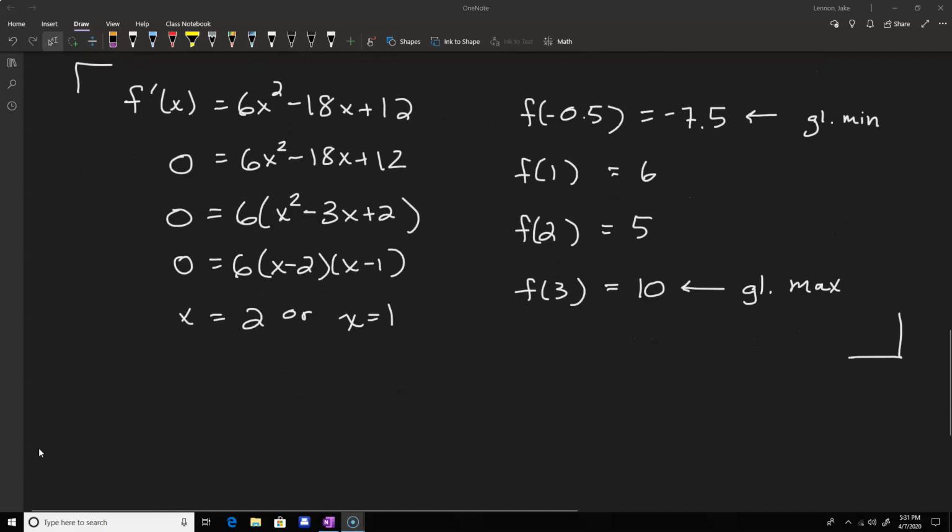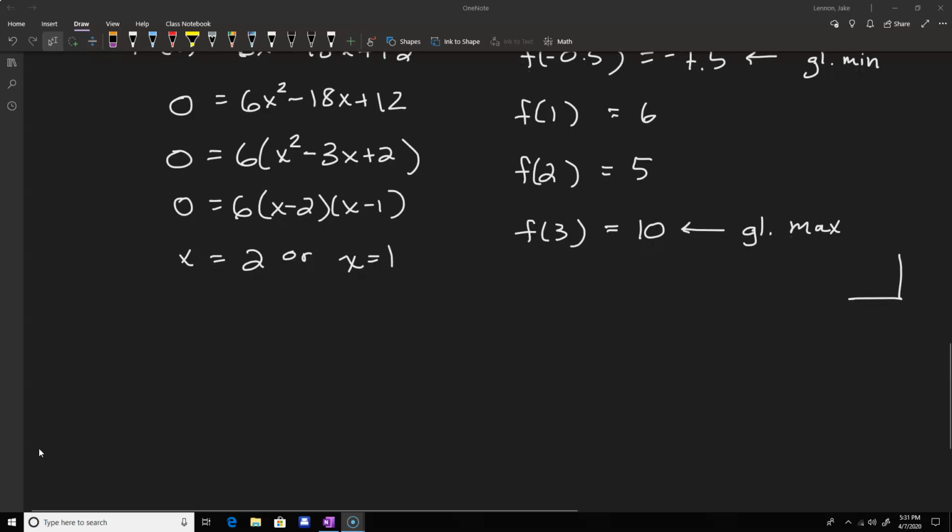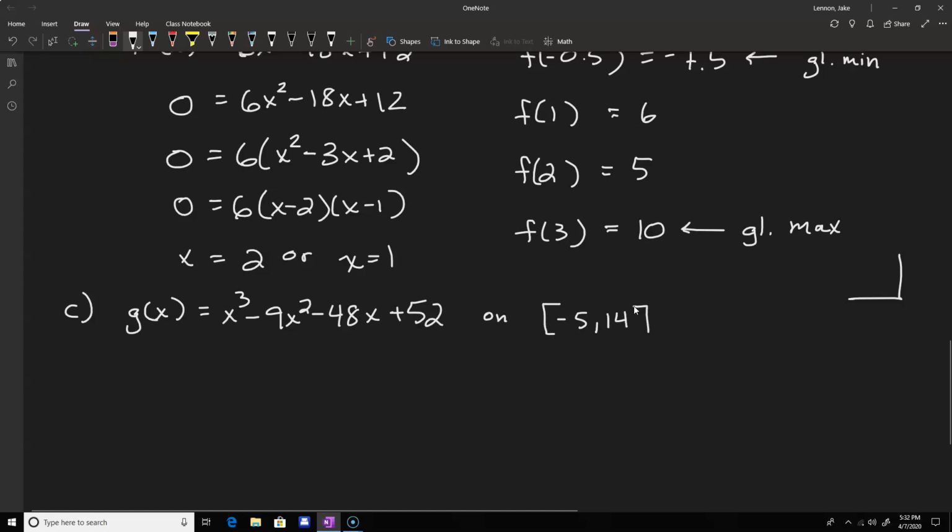Okay, let's look at one more polynomial example, then we'll look at a few that are a little bit different. So let's say we have now g of x equals x cubed minus 9x squared minus 48x plus 52. I believe we looked at this to identify local extrema, but now we're trying to find the absolute extrema on the interval negative 5 to 14. So again, we can take the derivative.